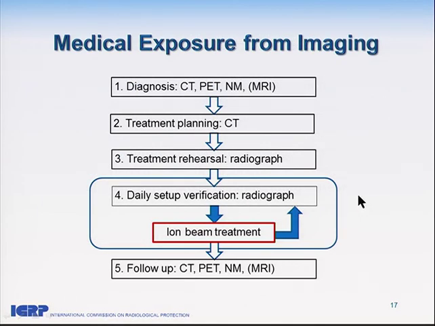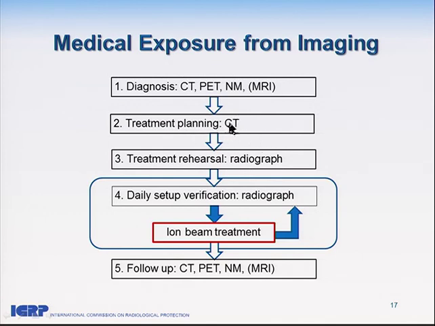Another thing that we may have to consider is the medical exposure from imaging. We need an accurate imaging system because delineating the tumor boundary is very important. Therefore, in the first step, we need a diagnostic imaging, using CT, PET, or other nuclear medicine technology. But once we start the treatment procedure, treatment planning CT is very essential.